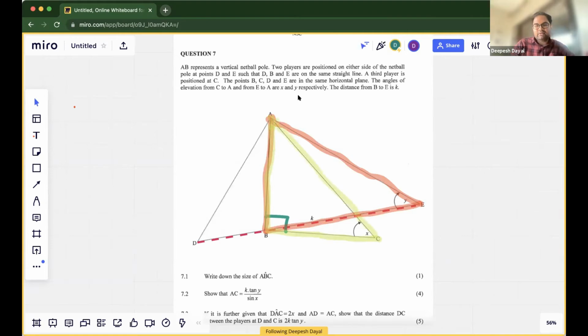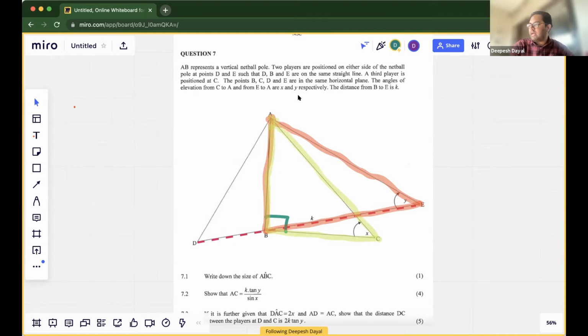So these are the two triangles that we're working with. And we need to see how can we take the one triangle, the orange one, and put it into the green one, right? So how can we use the information of the orange one and put it into the green one?